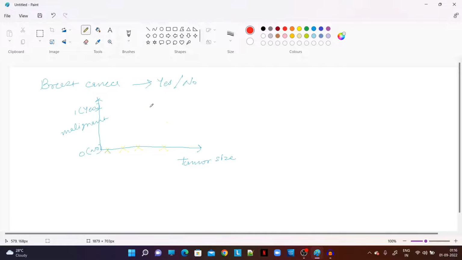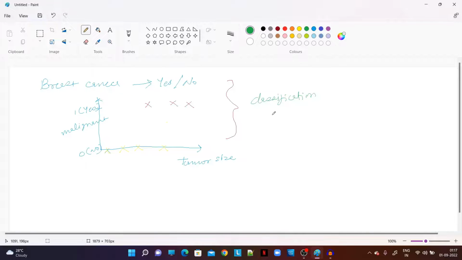So here you see the target variable is actually having only 2 values. So what are these types of problems known as? These are known as classification problems. That is, we have the data points, we have the x values, that is tumor size here, and we need to classify whether it is a malignant cancer or not.